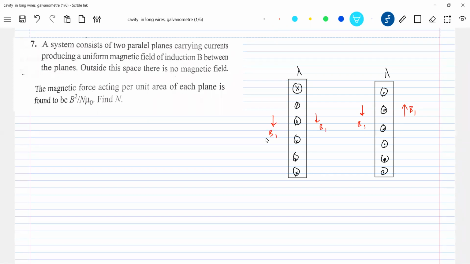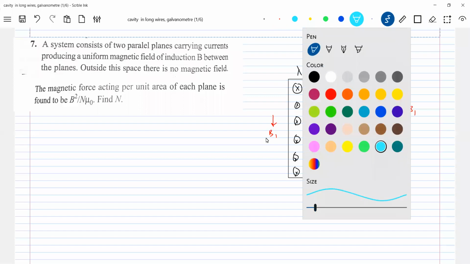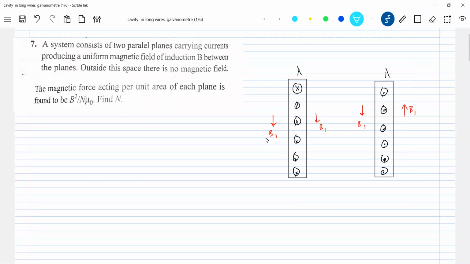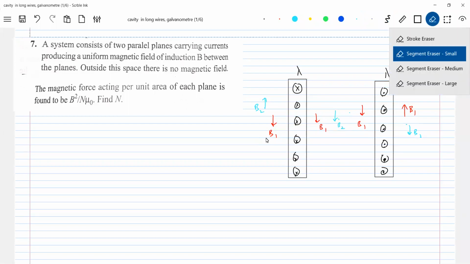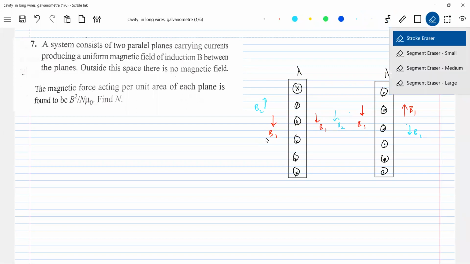Similarly, the field produced by this will be B2. Here it will be B2. So take help of the superposition condition like this. Now the force of interaction between them is what is asked.